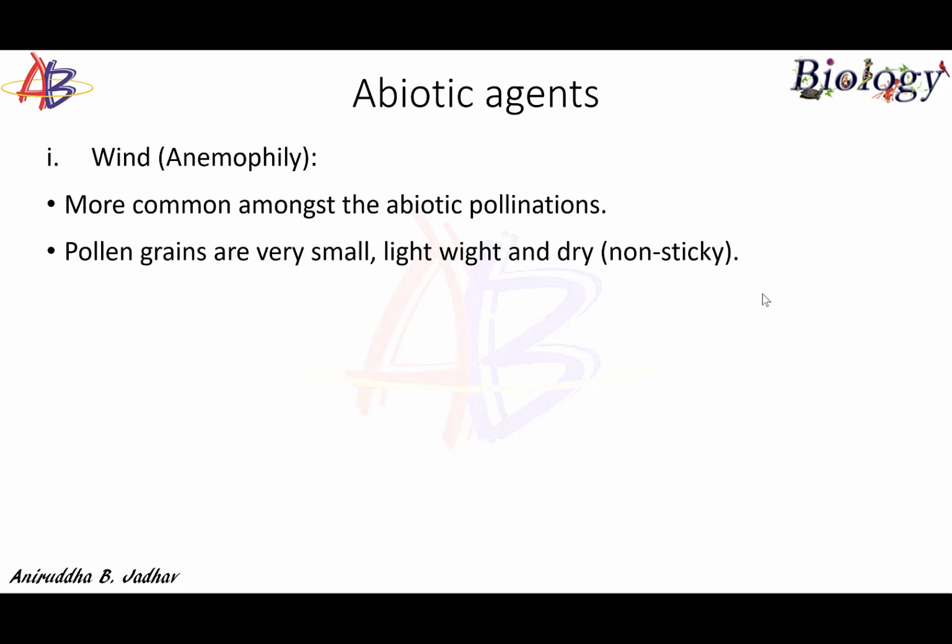The pollen grains are very small in these plants. In anemophilous plants, the pollen grains are very small, lightweight, smooth walled, and non-sticky, or we can say dry. Basically, this means the pollen grains don't have pollen kit material on their surface.